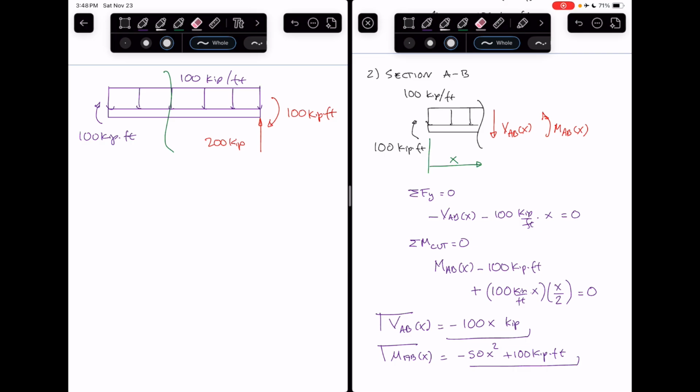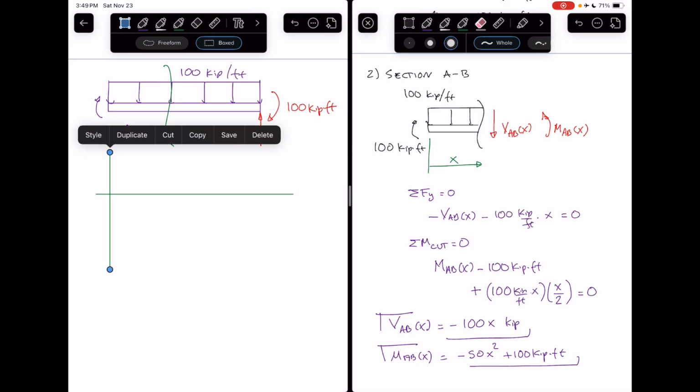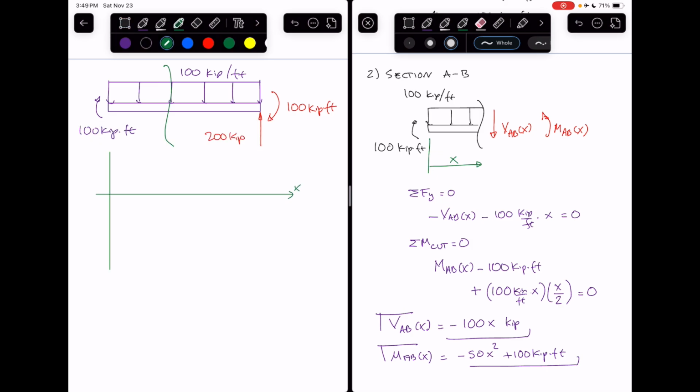We go ahead and choose our axis. I'm going to go ahead and choose green for that one. This would be my shear in kips. I start by checking the discontinuities at A. There are no discontinuities at A, so I start at 0 kip.